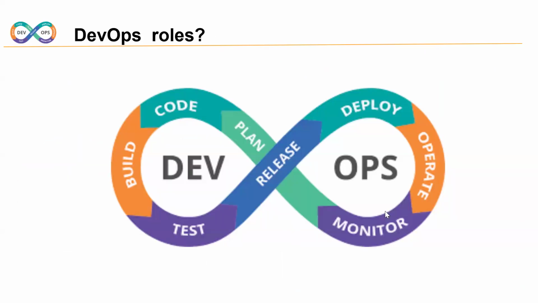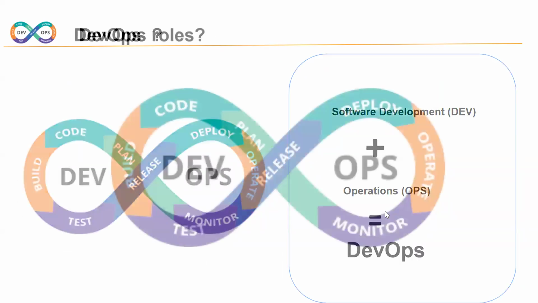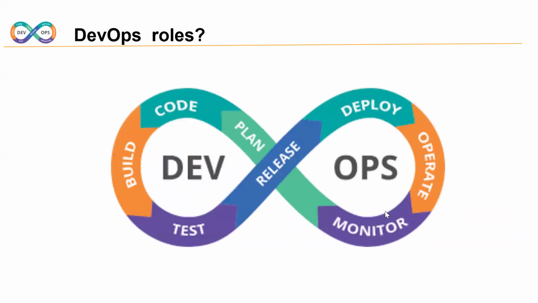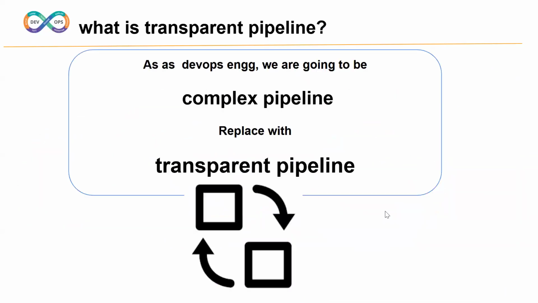So what exactly are we going to do as a DevOps engineer once we get into a company? We are going to replace the complex pipeline with a transparent pipeline. So let us understand first what a complex pipeline is, what DevOps is, and what a transparent pipeline is.